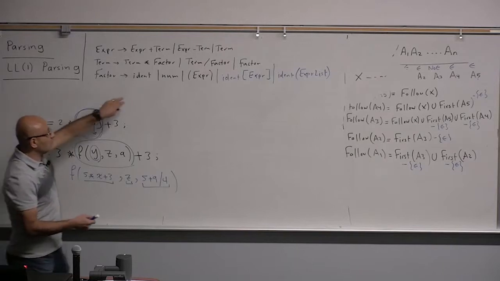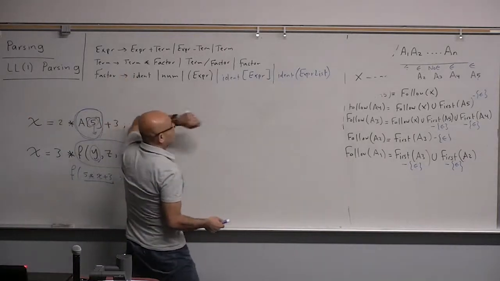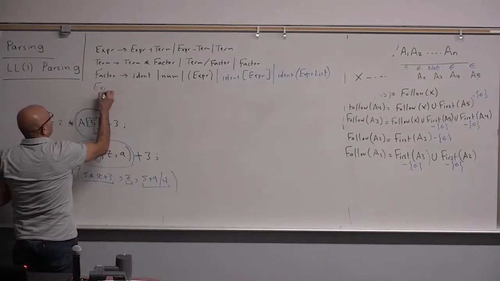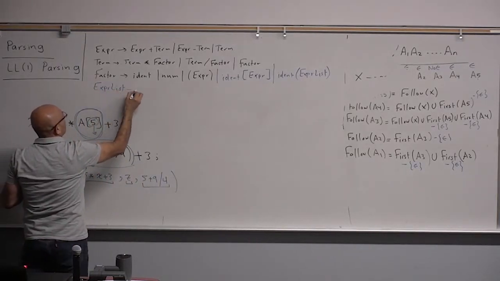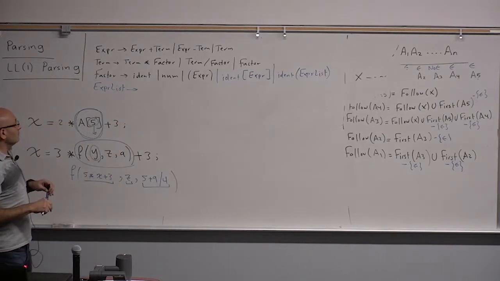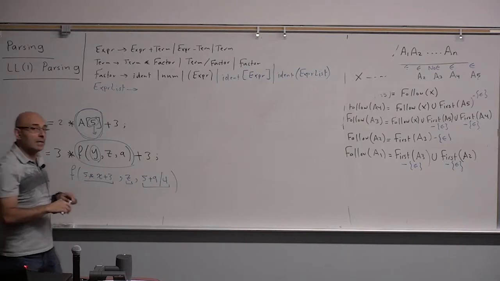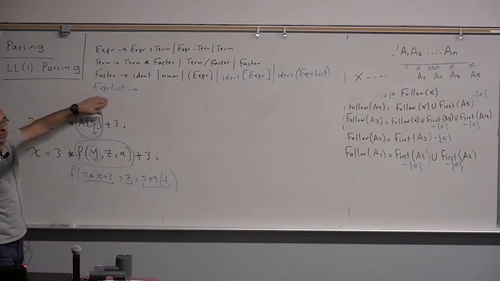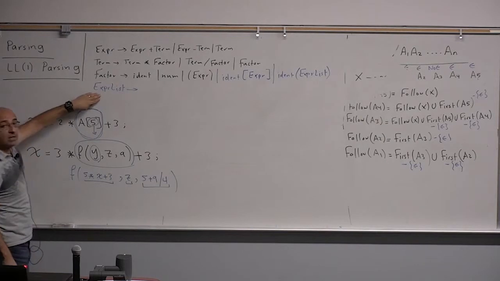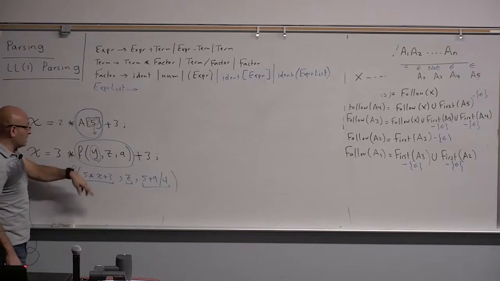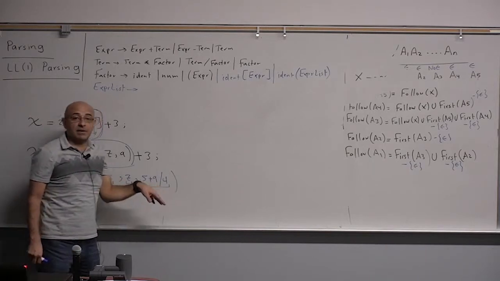An expression is already defined, but an expression list we need to define. How do we define an expression list? Expr, comma, expr list, or expr. So we need to do some recursion, right? It's a recursive rule because we are not setting a limit on the number of expressions an expression list consists of, so we're not setting any limit on the number of parameters that a function can have.